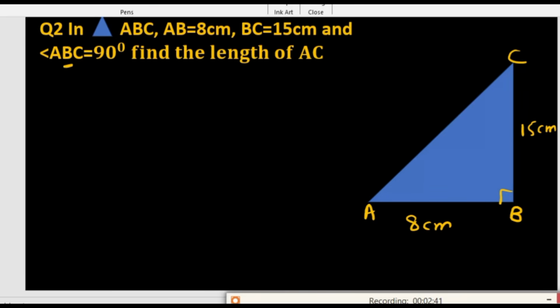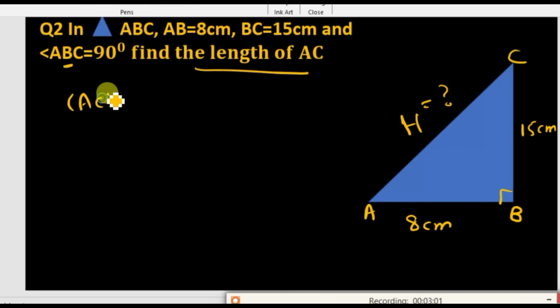The angle opposite is 90 degree, so this is the hypotenuse, and the hypotenuse is the longest side. You know very well. The formula: find the length of AC. That is, you have to find out its hypotenuse value.